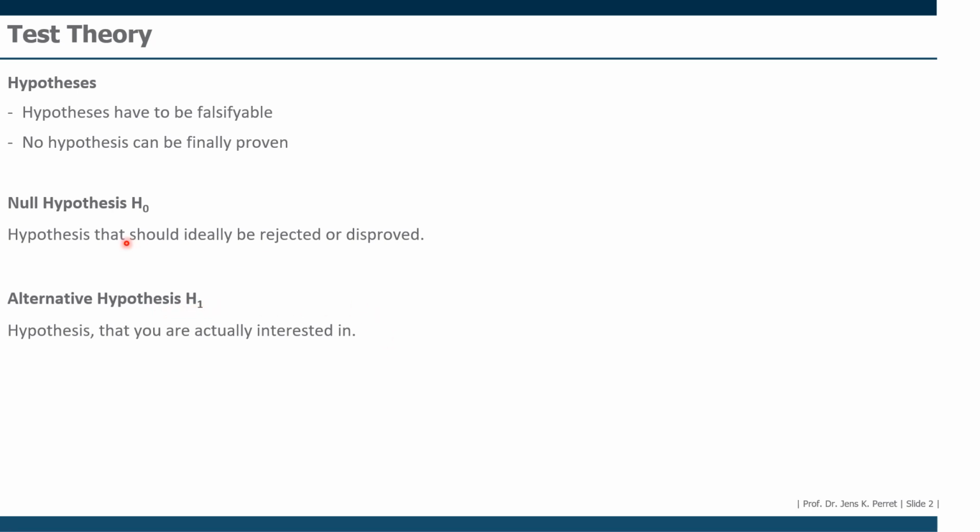However, each rejection of the null hypothesis goes hand in hand with an error margin. So we always might make an error when rejecting the null hypothesis. And that's why we try to keep this error as small as possible. Well, this means we first have to learn what errors are. That's also part of this session or unit.